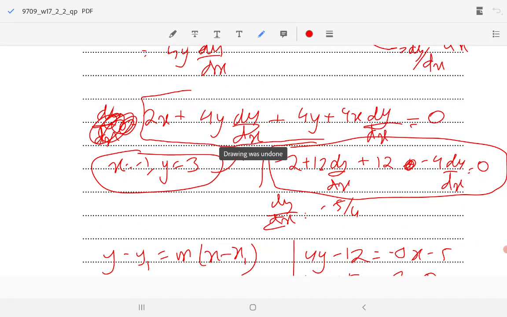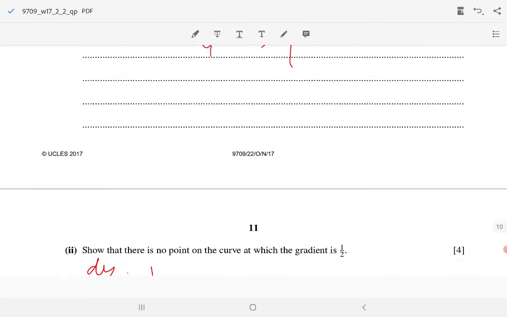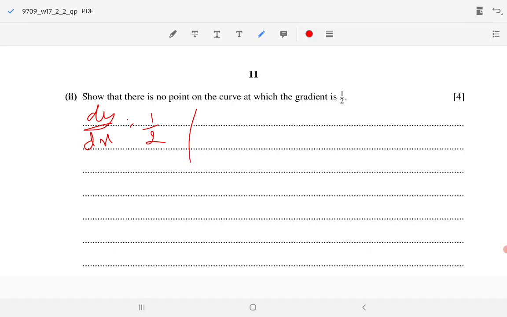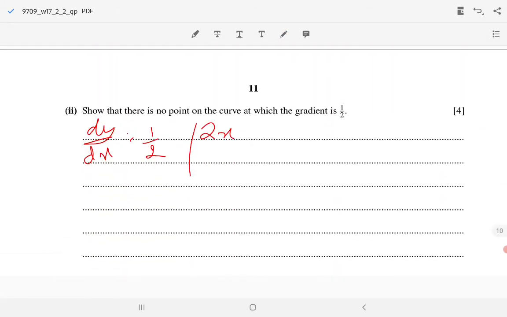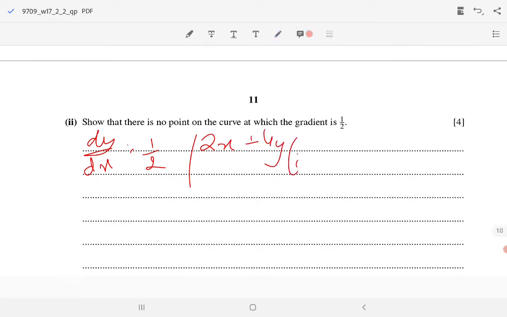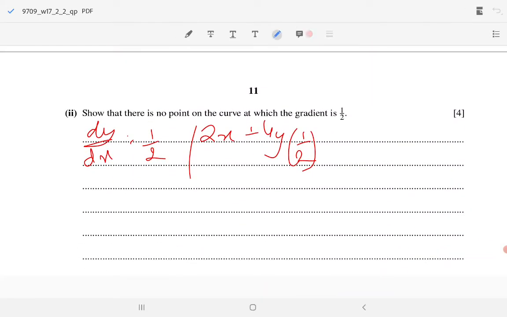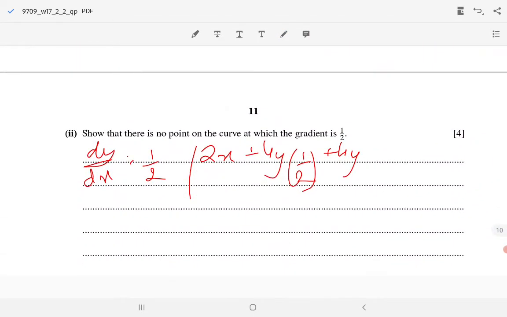We don't know the values of x and y, so we get 2x plus 4y times half plus 4y plus 4x times half, and this is going to be equal to 0.